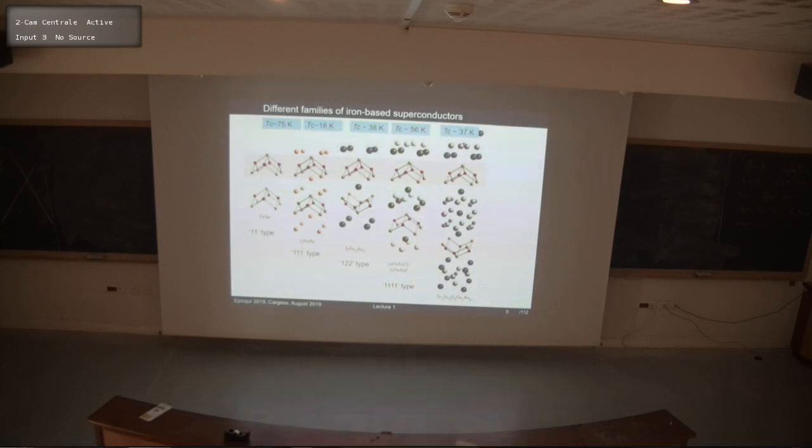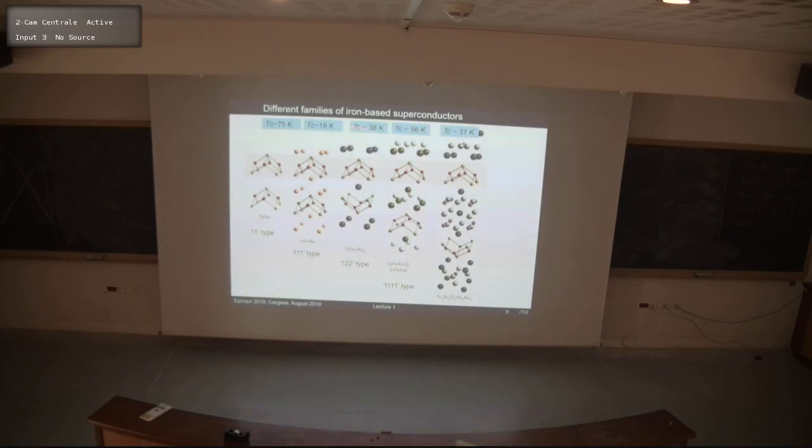So what's common in all these materials, at least in the ones I show you here, is that the conducting layer, the layer from which superconductivity emerges, is formed of this iron bonded to either selenium atoms here or arsenic atoms here, and all form this conducting plane.